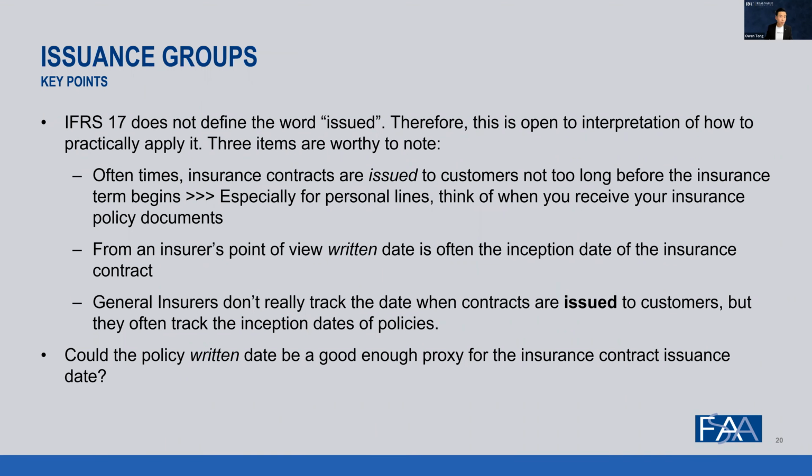That's just something I'm floating. Or do you need to actually track when you issue the policies? Caveating that most insurance companies don't track or analyze the date you send the letters out in a great deal of grain. So that's something to discuss further and to think about further. But at this present time, there's no consensus on exactly what the date is for the issuance dates.